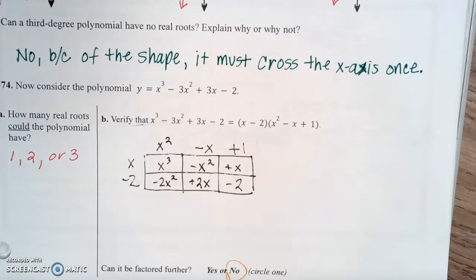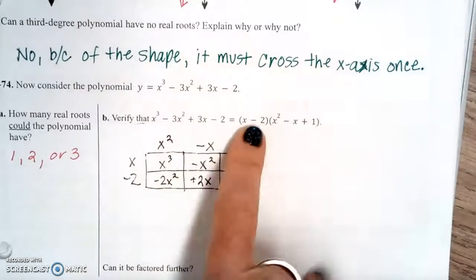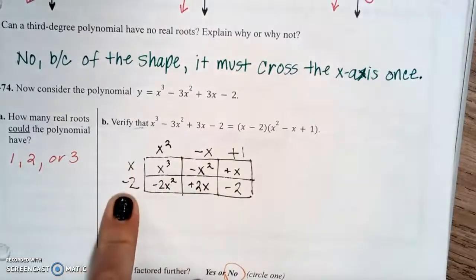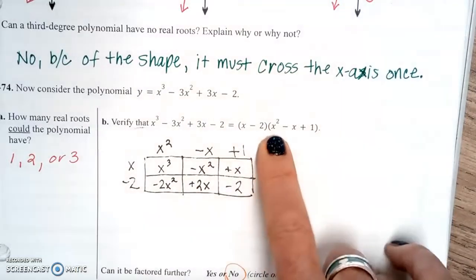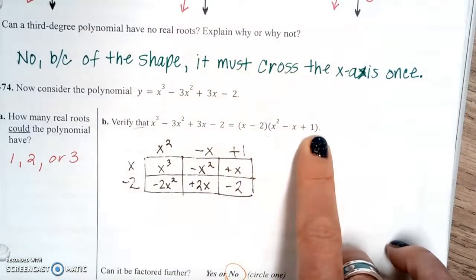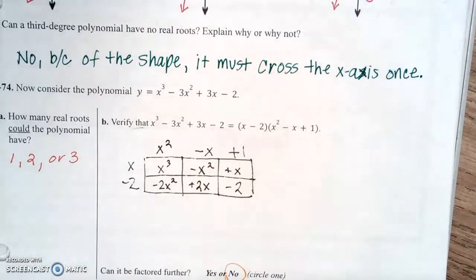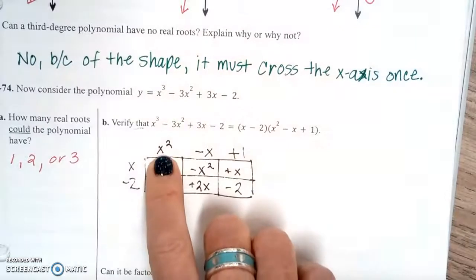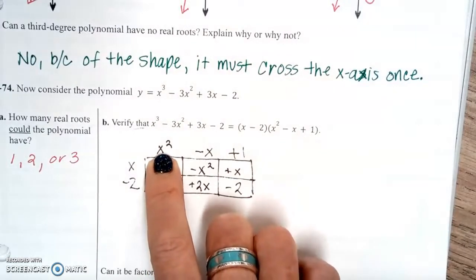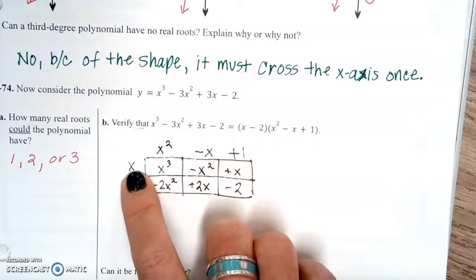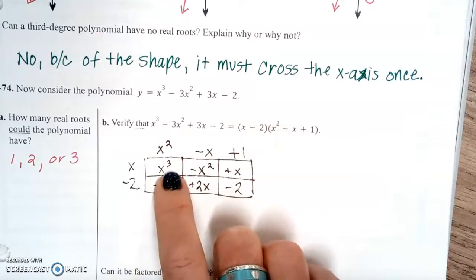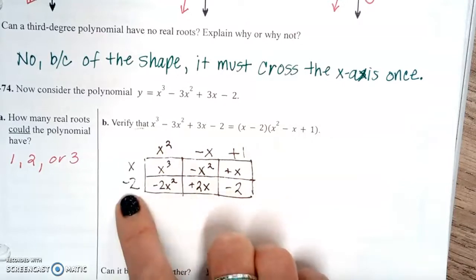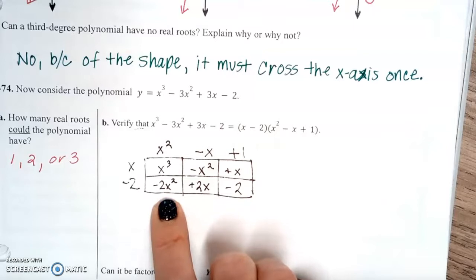Okay. Well, if you work backwards and you take the x minus 2 and you multiply it by the x squared minus x plus 1, here's using the box method. You would multiply the term up top with the term on the left. So x squared times x would get you x cubed. X squared times negative 2 would get you negative 2x squared.